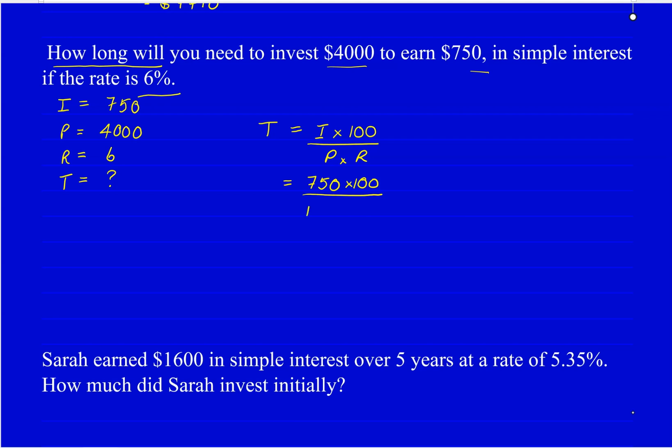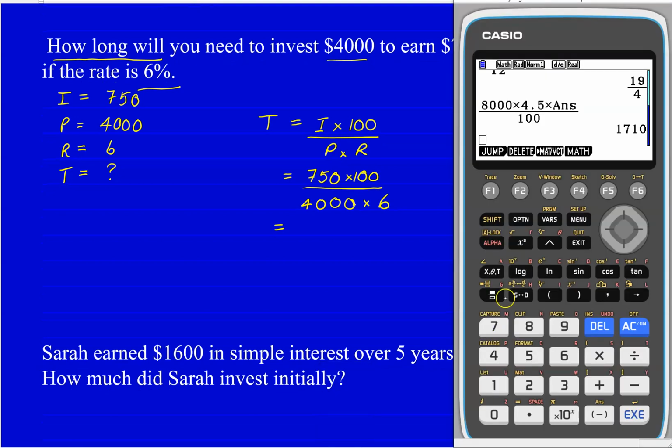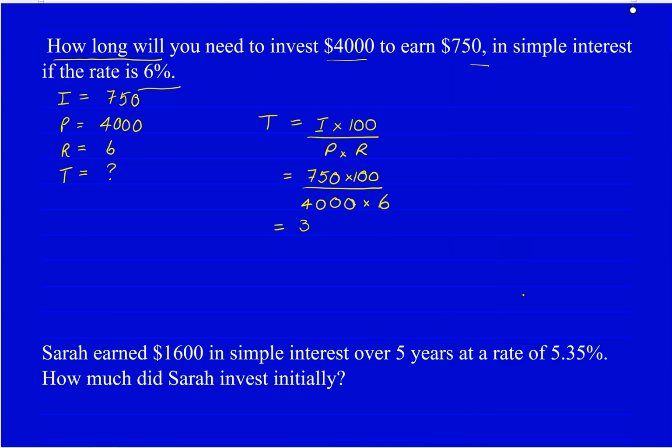It's all neat and set out nicely. 750 times 100 over 4,000 times your rate of 6. You can work that out. It comes up, S to D, 3.125.